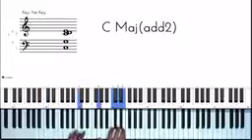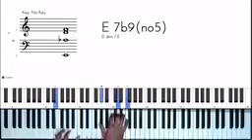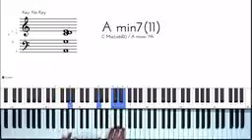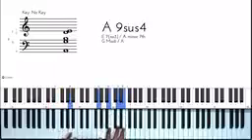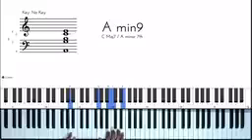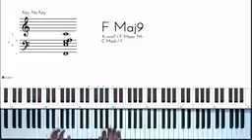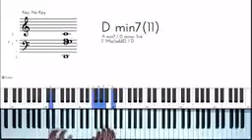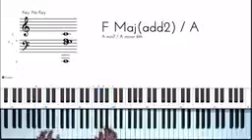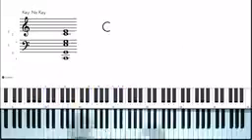So something like this, or something like this. Makes it a minor 9. So this way you can actually start experimenting with the type of chords that you play within this exercise.